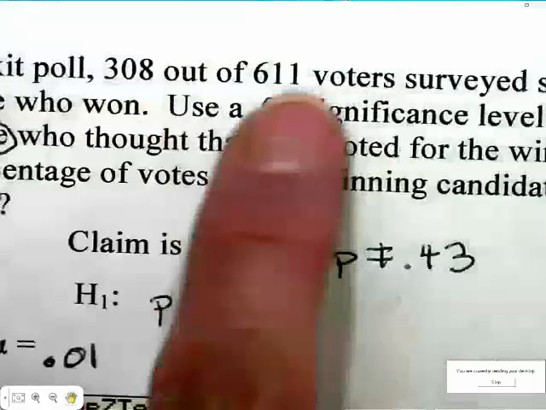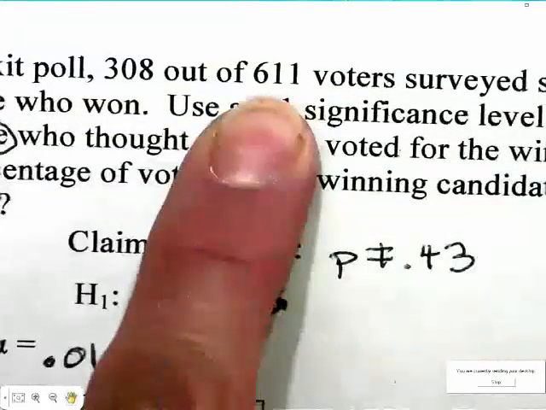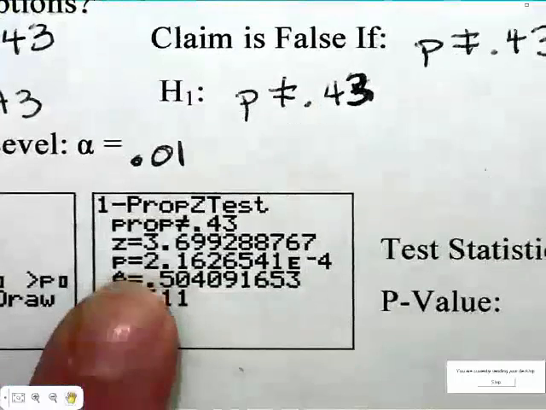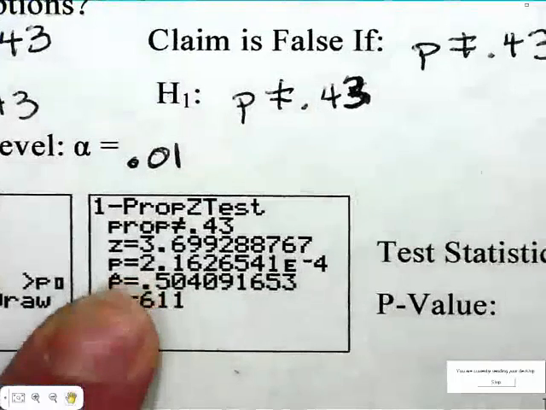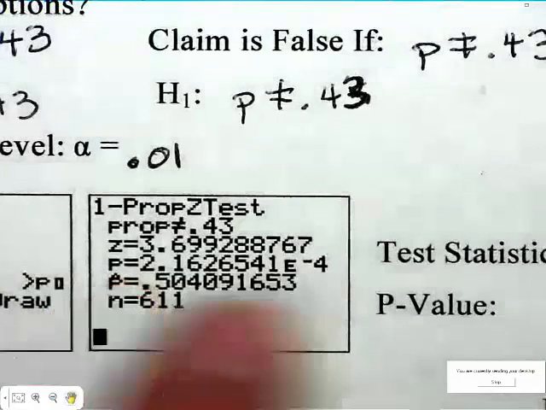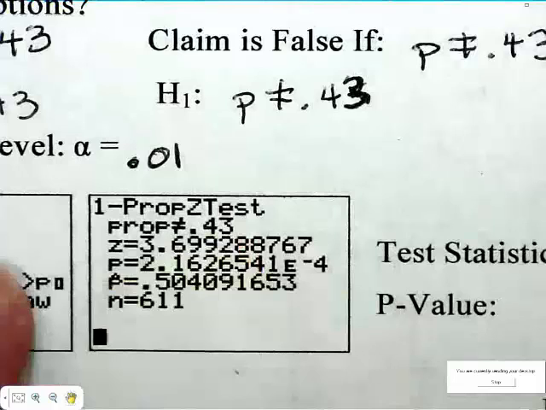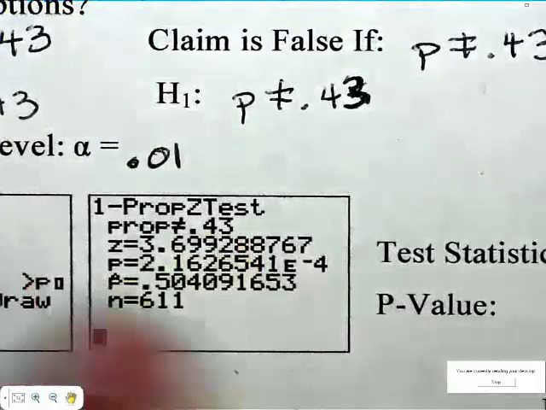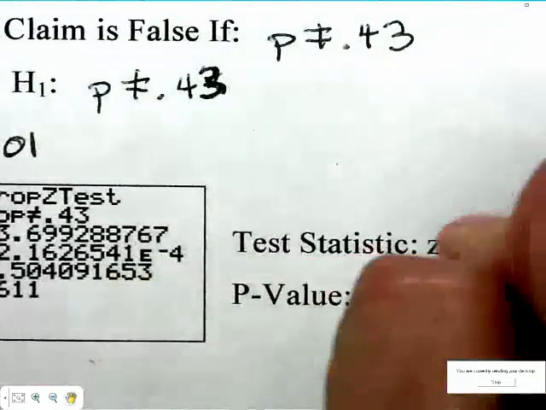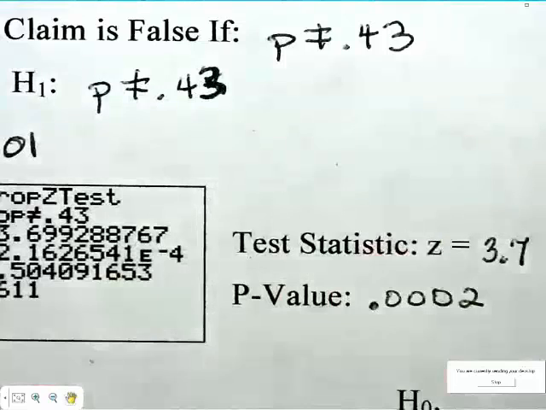That's what p-hat is. P without the hat is your p-value, and is my p-value 2.16 right here? No, because that E means move the decimal 4 places to the left. To do that, I'm going to have to add 3 zeros. 0.0002 if we just wanted 4 decimal places.